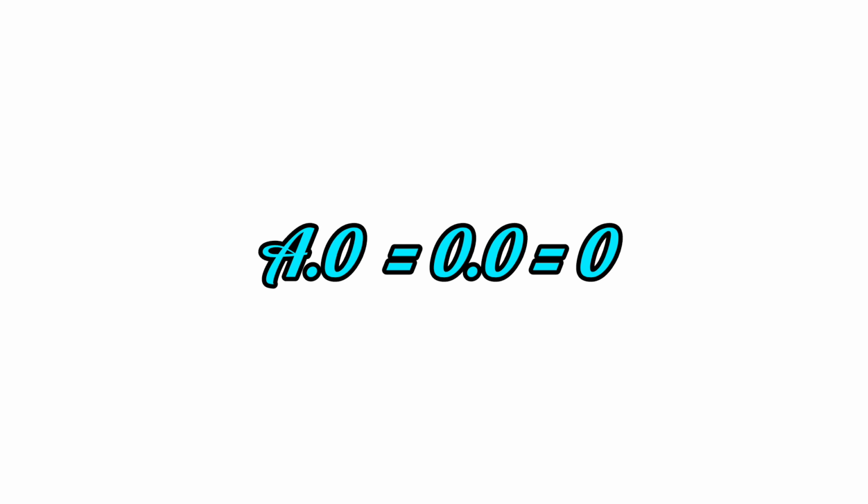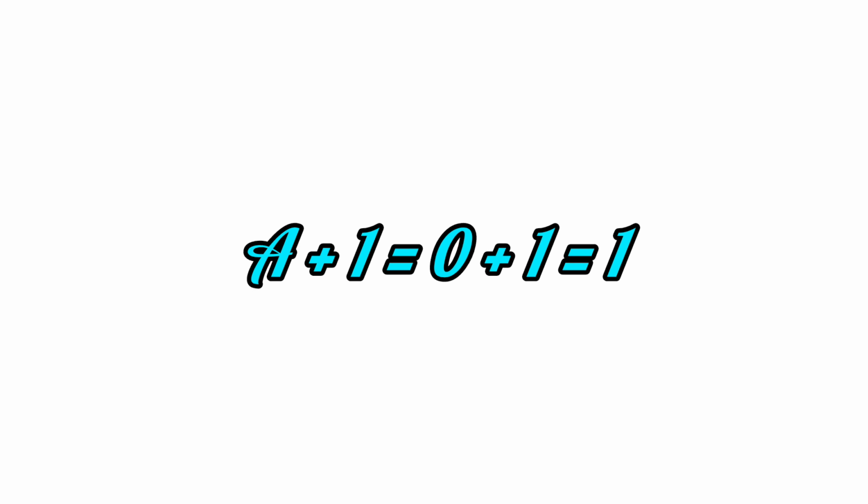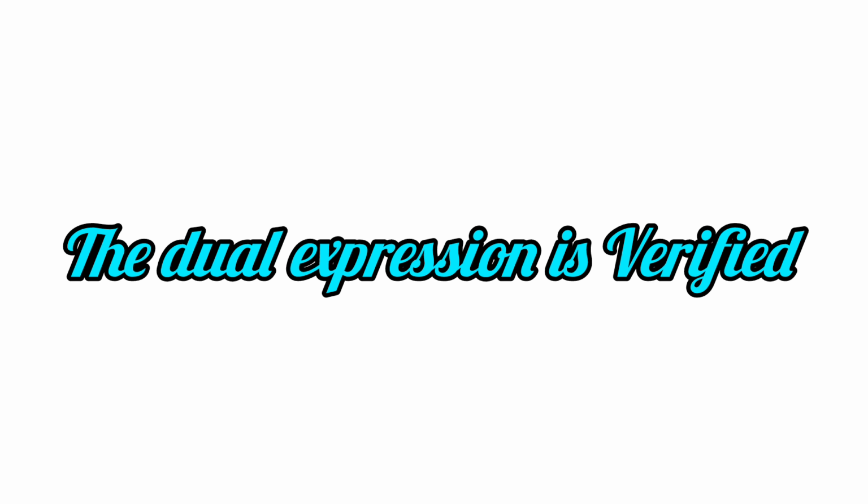Then substitute a equal to 0, then we get 0 and 0 equal to 0. And now the dual, the expression is a plus 1 equal to 1. So let's give a equal to 0, so it will be 0 plus 1 equal to 1, and again if a is equal to 1, it will be 1 plus 1 equal to 1. So the dual expression is verified using proof by exhaustion.